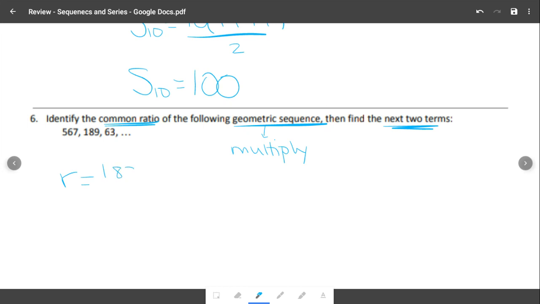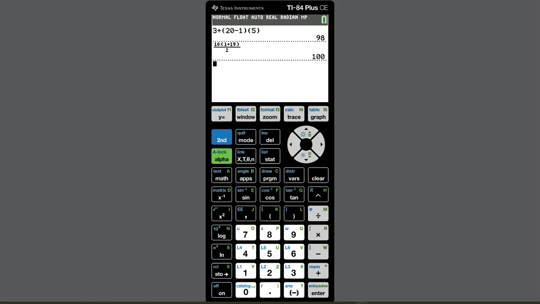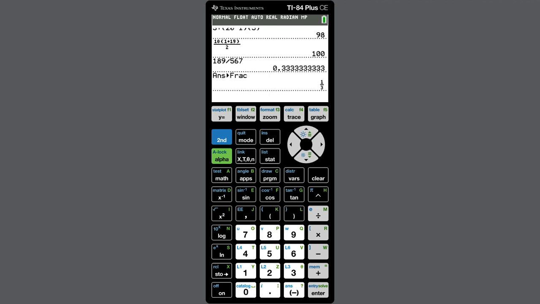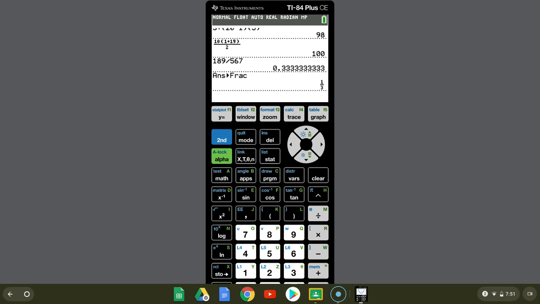So let's take the 189 and divide it by the term right before that, so the 567. So we have 189 divided by 567. Math, enter, enter, and we get 1/3.